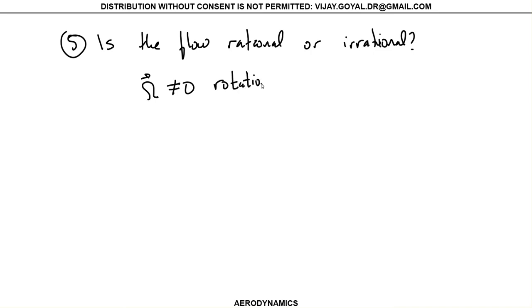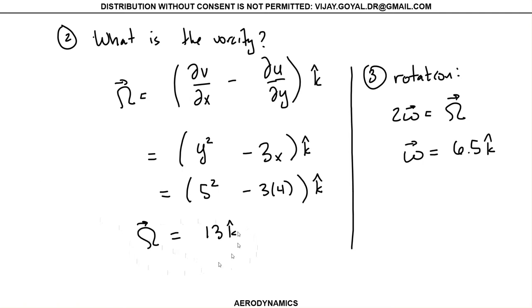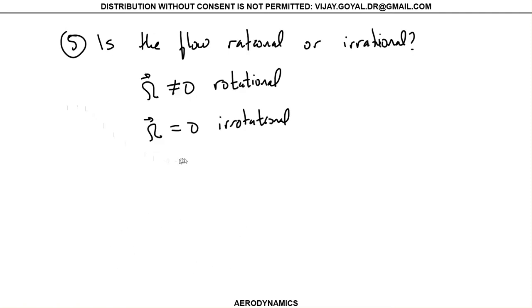That means it is rotating. If my vorticity was equal to 0, then it was irrotational. Okay, so when you look at the problem now, you know that vorticity is equal to this value right here. So what you're saying is that omega is equal to 13K. It is not equal to 0. So therefore, your fluid is rotational.